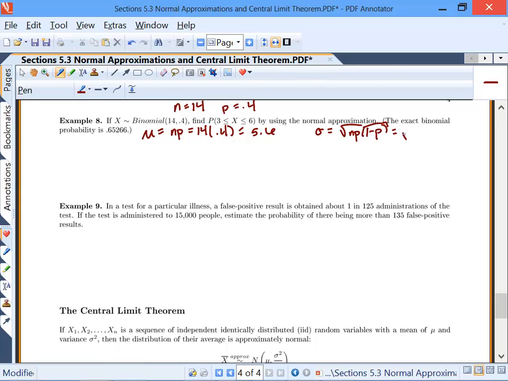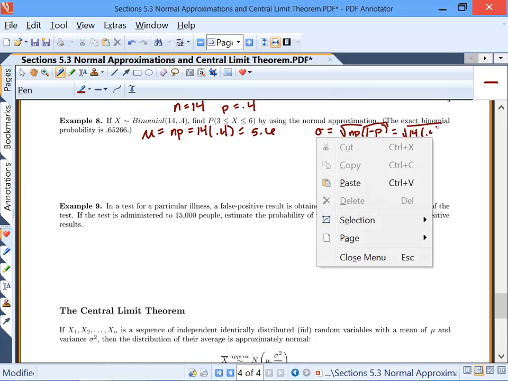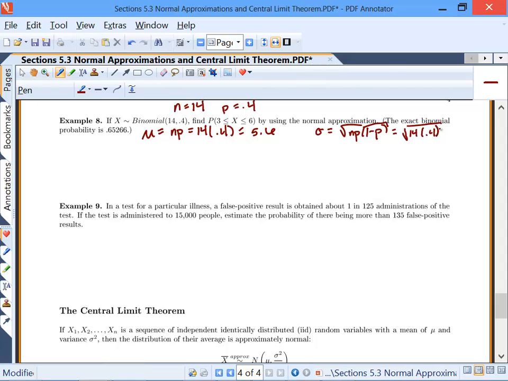So the square root of 14 times 0.4 times 0.6 gives me 1.833.